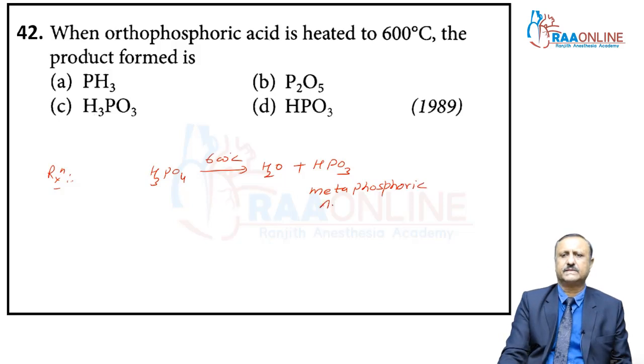So you can see metaphosphoric acid is obtained when H3PO4 is heated at high temperature, that is 600 degrees Celsius.